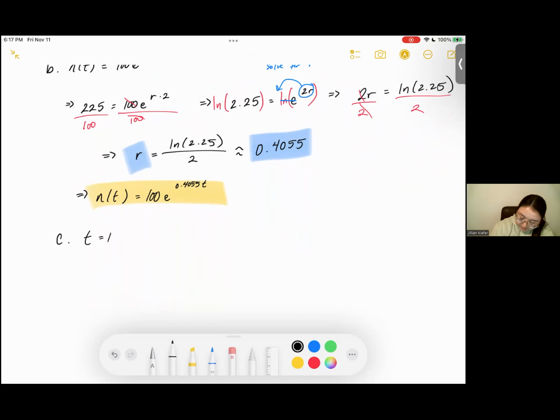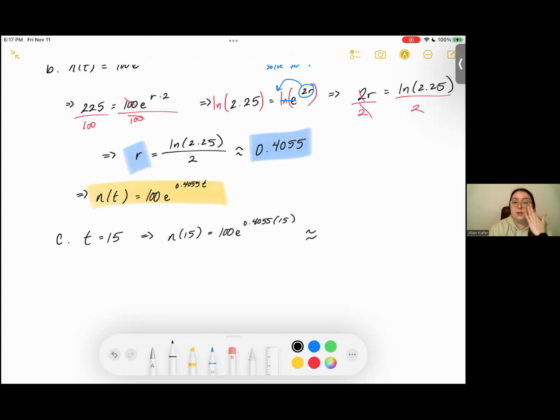So t is 15 years, which means n of t is really n of 15. This is equal to 100 times e to the power of 0.4055 times 15, which we plug in our calculators.